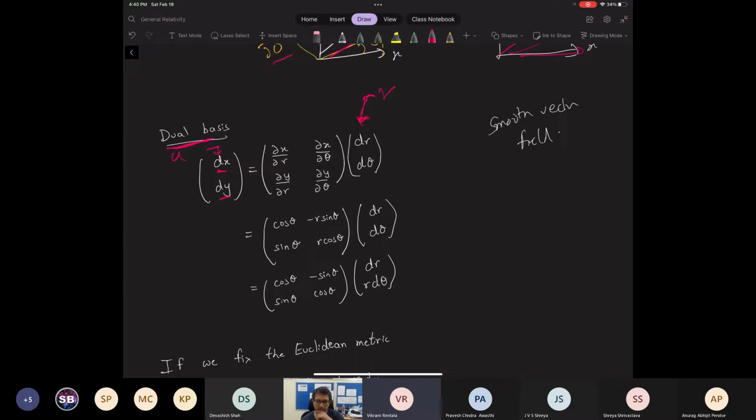Now again you can find the relationship between them. You can use the law that we had worked out. Supposing I have dy^mu, it's partial y prime^nu over partial x^mu, dx.